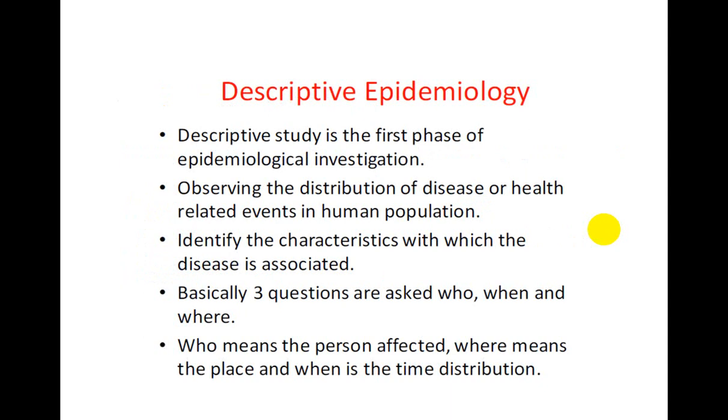Descriptive epidemiology: the best epidemiology of mankind is man. This statement emphasizes the importance of making the best use of observation on individuals or population exposed to suspected factors of disease.